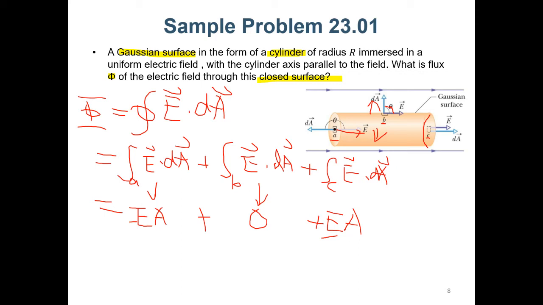When you integrate a constant, it's nothing but the constant multiplied by the length, so it's 12. For this case, E dot dA is a constant, so if you integrate over the whole area, it's nothing but E times the total area.